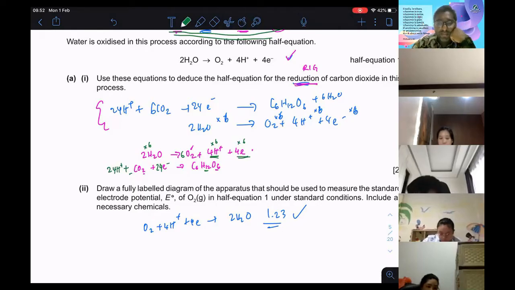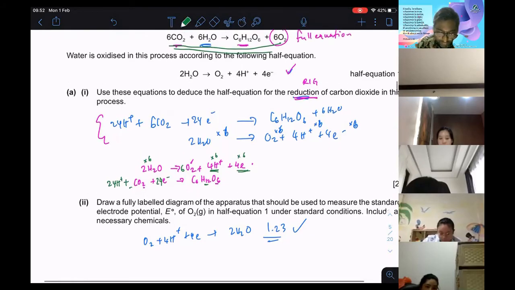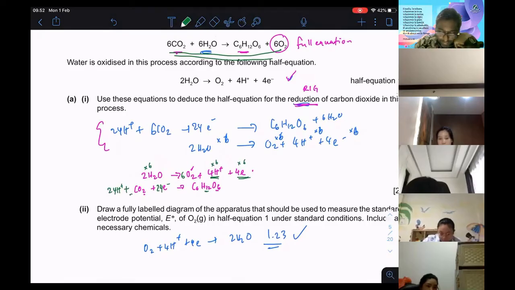For the rest, I just need to double check whether everything is balanced or not. For example, when I look at carbon dioxide, there's 6, so of course I need 6 carbon dioxide over here to balance the equation. And then I notice water. When I times by 6, I'm going to get 12 water, but overall I'm only having 6 water.